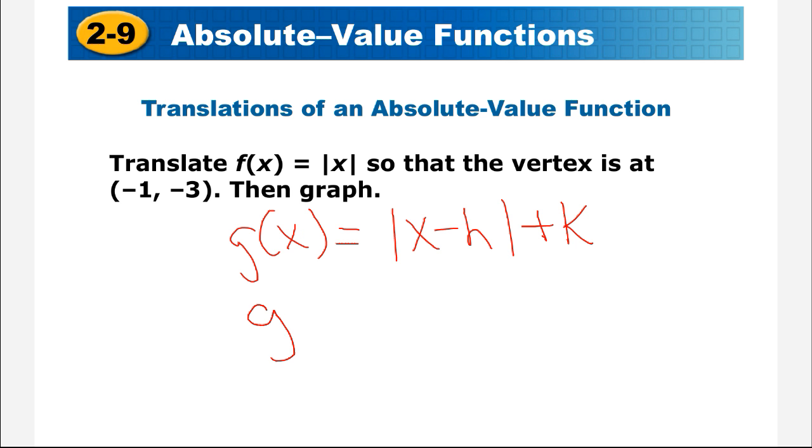So g of x equals the absolute value of x minus -1, which would become +1, and then minus 3.